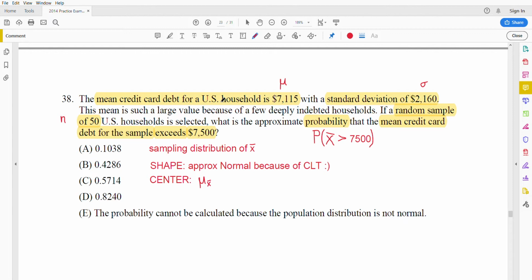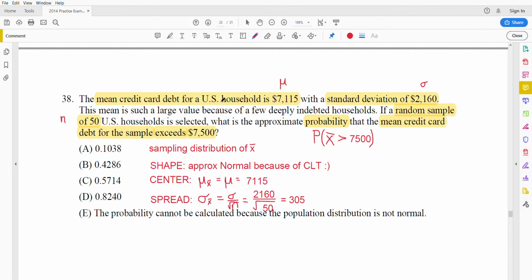The mean of the sample means is just equal to the population mean, which we know is 7,115. Okay. And the spread, again, this is a formula that's on your formula sheet. The standard deviation of the sample means is equal to the population standard deviation divided by root n. So that'll be 2,160 divided by the square root of 50, which comes out to roughly 305.